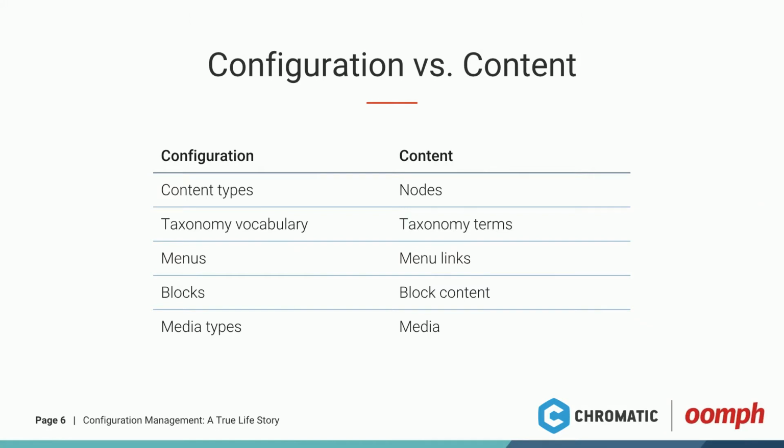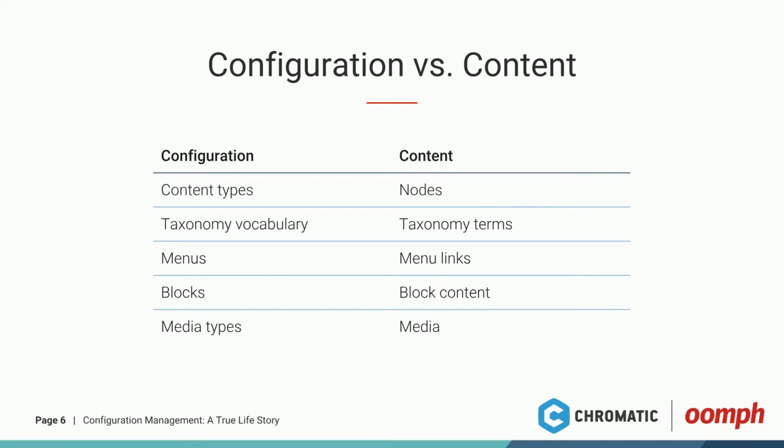The menu links are content. Blocks, there's a little asterisk there. We're going to talk about blocks a little bit more in depth after I finish this list. But blocks have configuration, but they also have content. So the stuff inside the blocks is considered content. Again, media types. Media types are configuration. The actual media assets themselves are content.